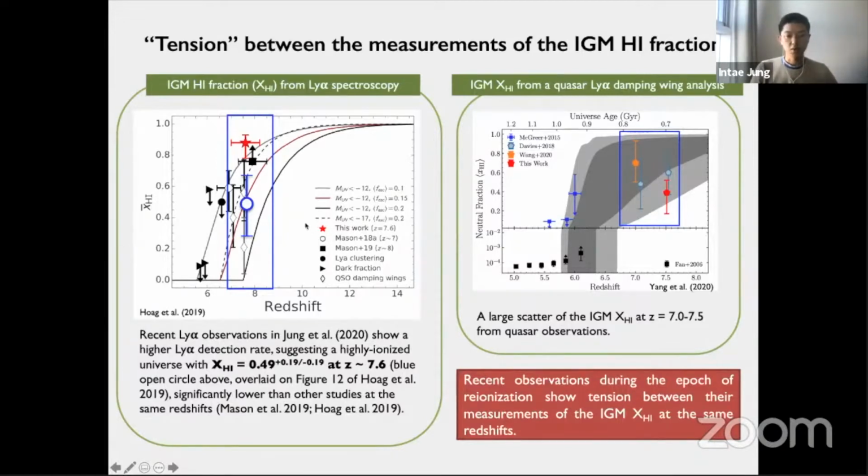Furthermore, a set of quasar Lyman-alpha damping wing analyses provided a large-scale IGM neutral fraction at redshift above 7 from their quasar observations. Such a disagreement between the IGM neutral fraction measurements directly suggests reionization did not occur spatially uniformly, but in an inhomogeneous way.